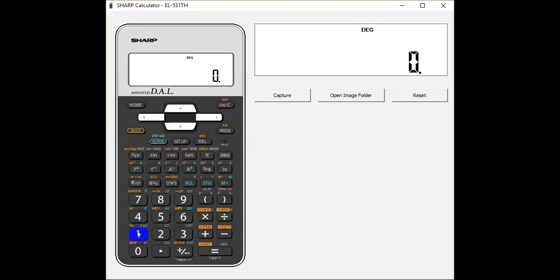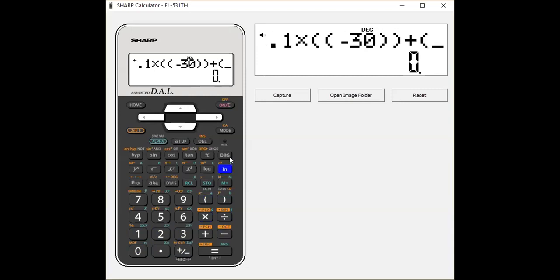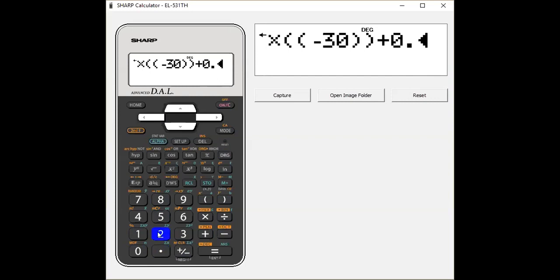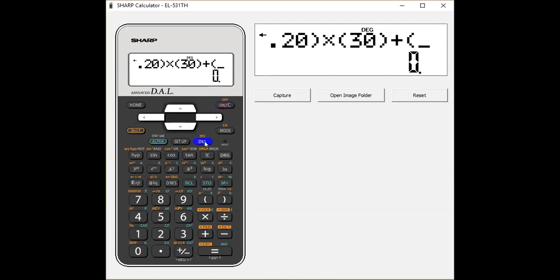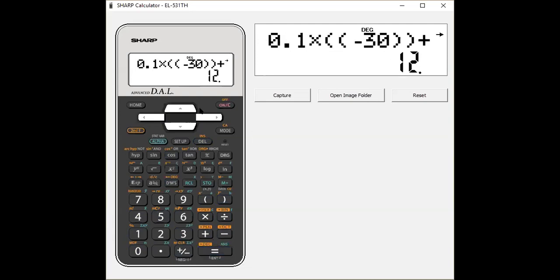We could have said 0.1 multiplied by minus 30 plus 0.2 multiplied by open bracket minus 5 plus 0.4 close bracket multiplied by 15 plus 0.2 multiplied by 30 plus 0.1 multiplied by 40. Okay, we would get the same answer.